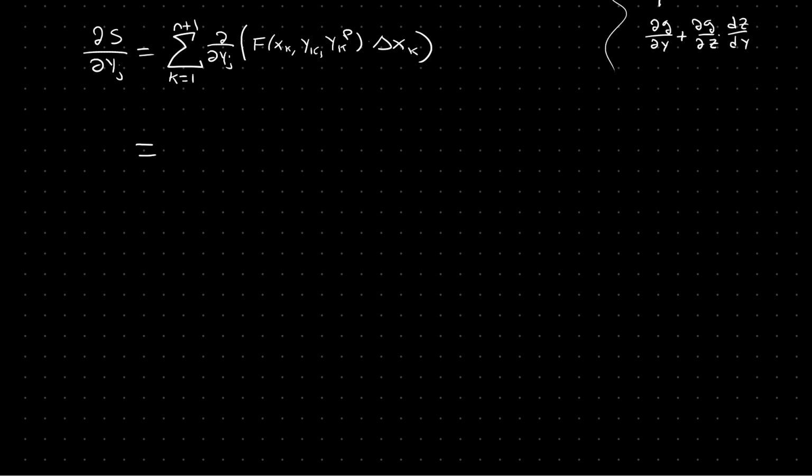And so, taking the partial derivatives in this manner, we obtain the following. The yj partial derivative of this by the chain rule is going to be the partial derivative of f with respect to y at xk, yk, ykp multiplied by the derivative of yk with respect to yj.